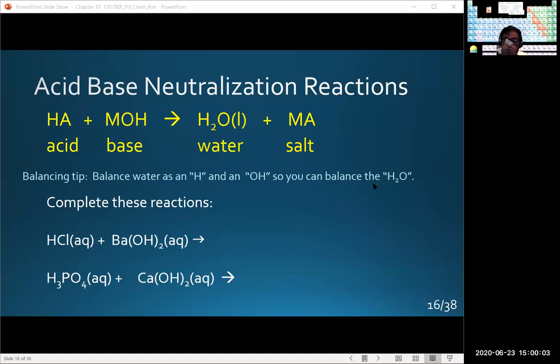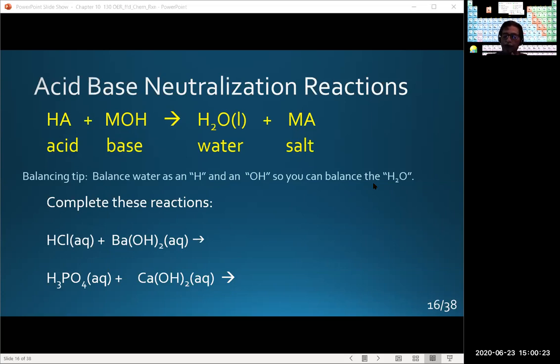Now, neutralization reaction. We introduced that last chapter, okay? Where we have an acid, denoted here by the general formula HA, reacting with the base, denoted by the general formula MOH, M being the metal hydroxide.